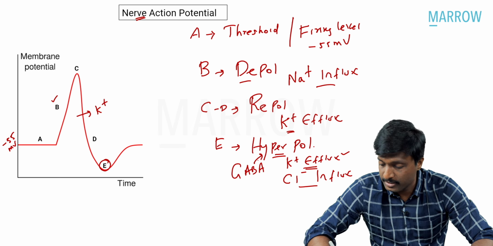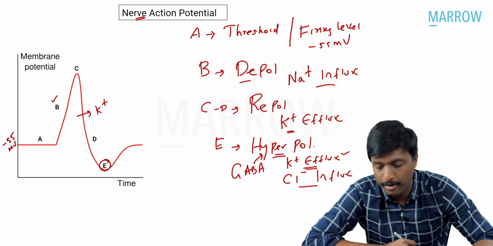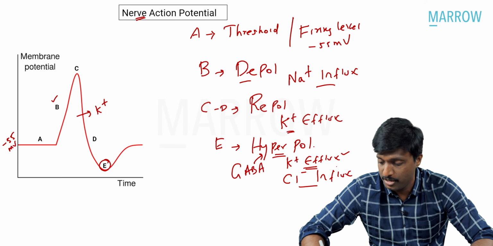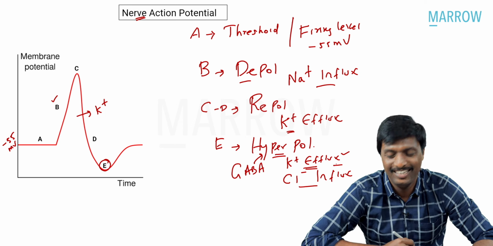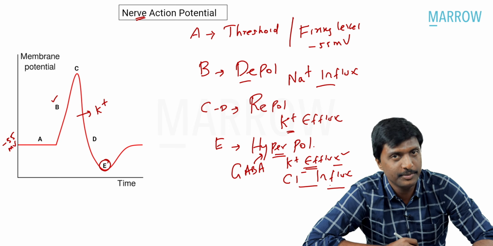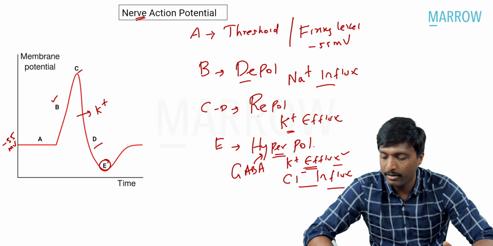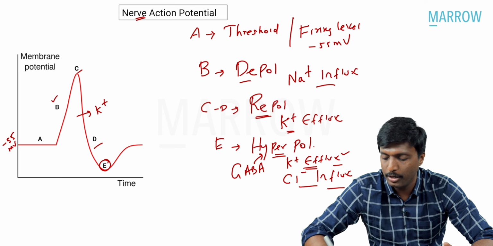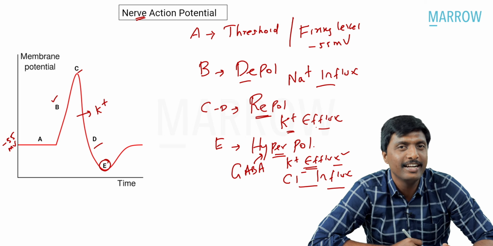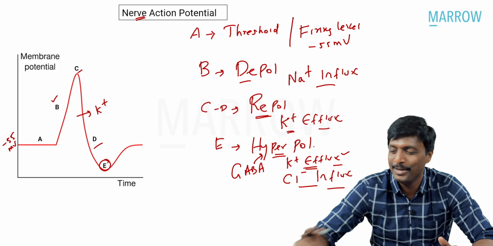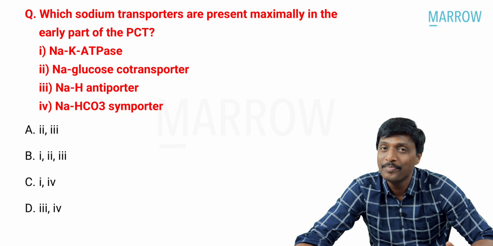GABA influences this hyperpolarization. The causes for hyperpolarization: continued potassium efflux and chloride influx. So in the graph, they asked from C to D, that is my repolarization. Potassium efflux should be the answer. Very familiar repeat topic.